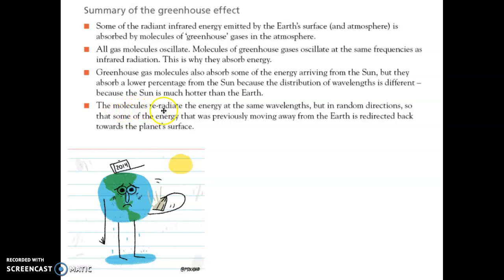Those molecules re-radiate the energy at the same wavelength, but in random directions, so that some of the energy that was previously moving away from the Earth is now redirected back towards the Earth's surface. So the energy is coming in, and it should be bouncing straight back out. But it gets absorbed by the atmosphere and re-radiated in ways that mean the Earth itself starts to heat up.